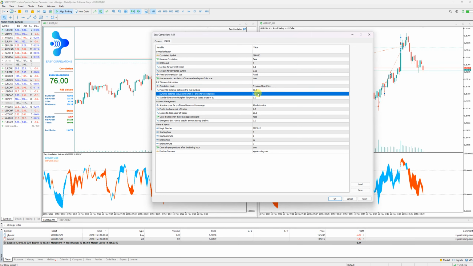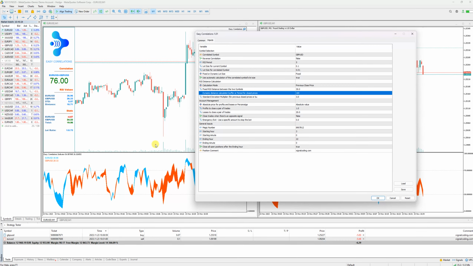It's something like the period. So if you have it at 100, it will look at the last 100 RSI values for both symbols, and it's gonna calculate the standard deviation. And by standard deviation we mean how much usually they're far away from each other.